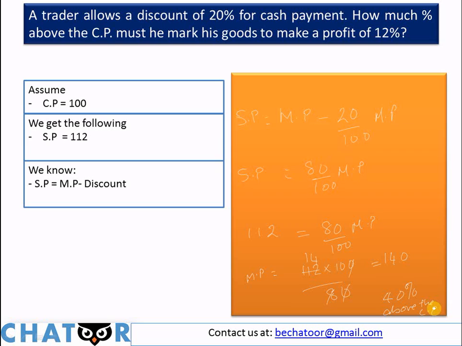If you choose 140% above the CP, then his marked price becomes 240, which is a totally different answer altogether. So please ensure you read the question stem before you go ahead and click. Many times people assume that they have done the right thing and only later when they review, even during practice tests, do they understand what has actually happened. So here the answer above CP is 40%.